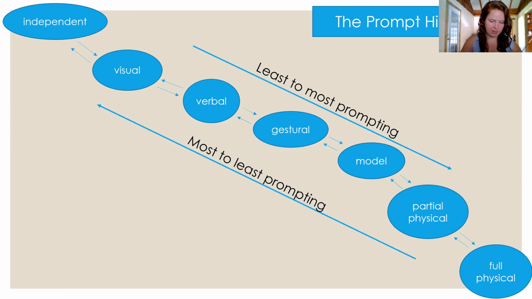Another option is to add in a time delay. According to Libby et al., a time delay refers to the amount of time the learner is given to engage in the desired response prior to the teacher issuing a prompt. So this would look like me telling the learner to wash hands and then counting to 3 in my head.